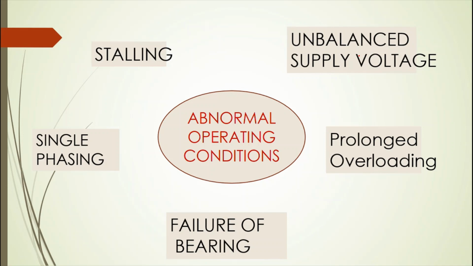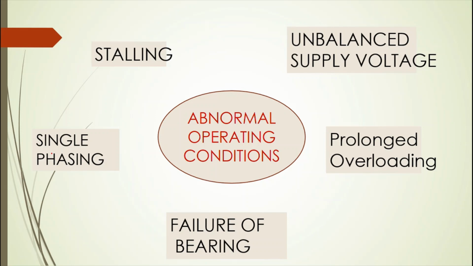And hence, in this condition of single phasing, we need to have a single phasing preventer, which is generally used for large induction motors. Here, these single phasing preventers are connected to the secondaries of the CT. These contain a negative sequence filter, the output of which is compared with the help of a level detector.